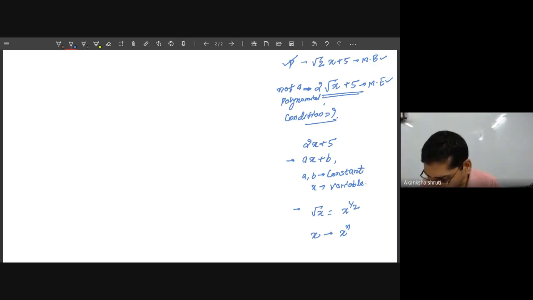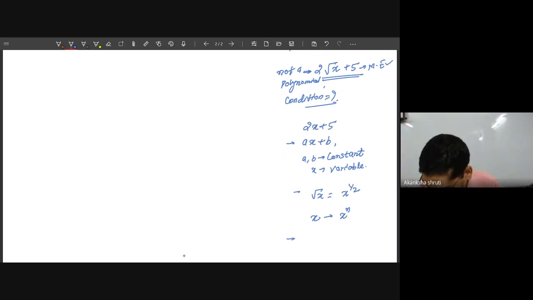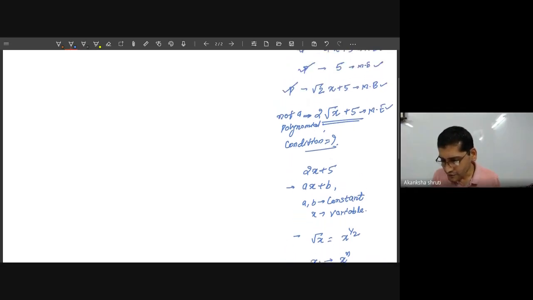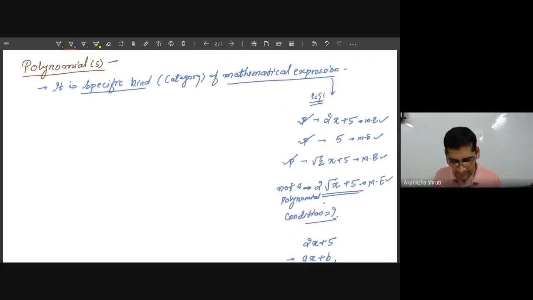While writing a mathematical expression, I can take the help of constants a, b, c, d and so on, and operators like plus, minus, multiplication and so on. In addition to that, I can take the variable not as x but x to the power n, x to the power n minus 1, this way. So we will write the mathematical expression in general form, then define it as a polynomial when it becomes one.